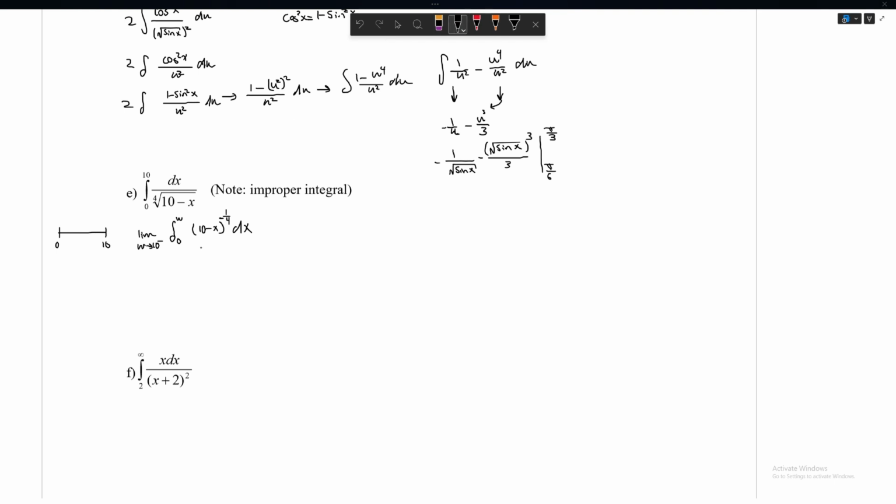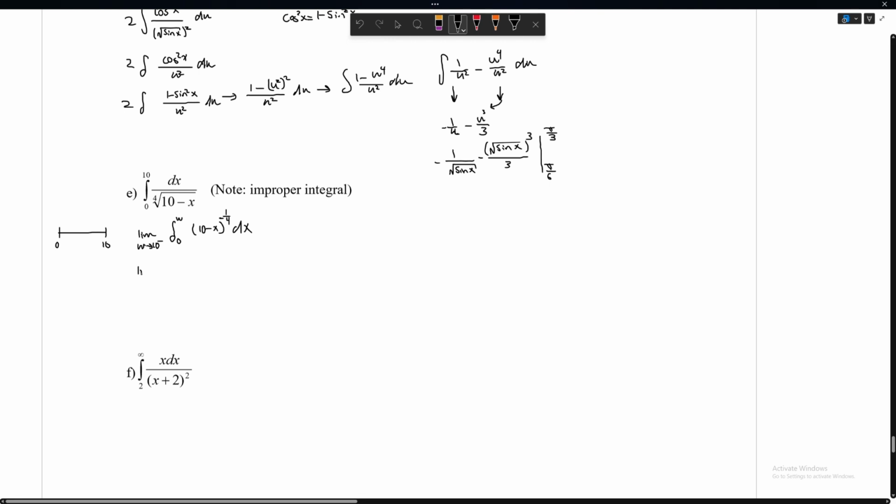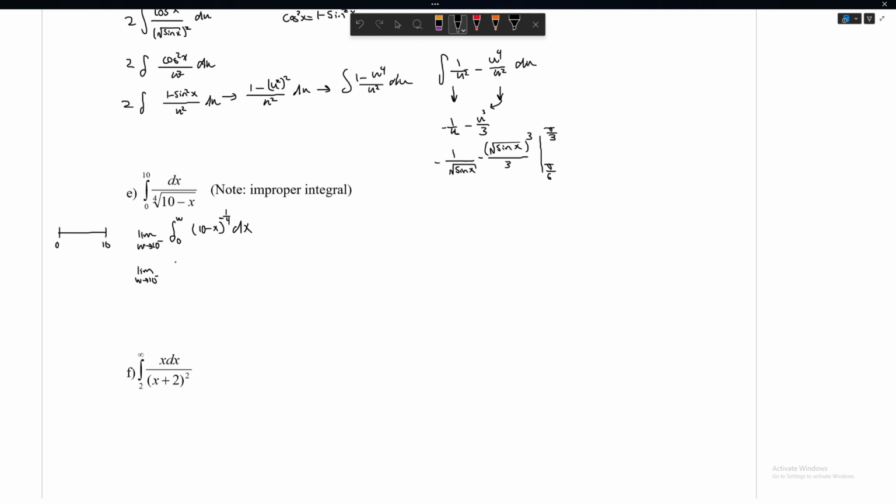Okay, so integrating this one, you want to take the limit as w goes to 10 from the left. And my integral of this, what you'll do is you'll integrate the top, so you add 1, which will become 10 minus x to the 3 over 4. You want to bring your 3 over 4 down, and then you divide by it, but obviously flip and multiply. So this is what it will look like.